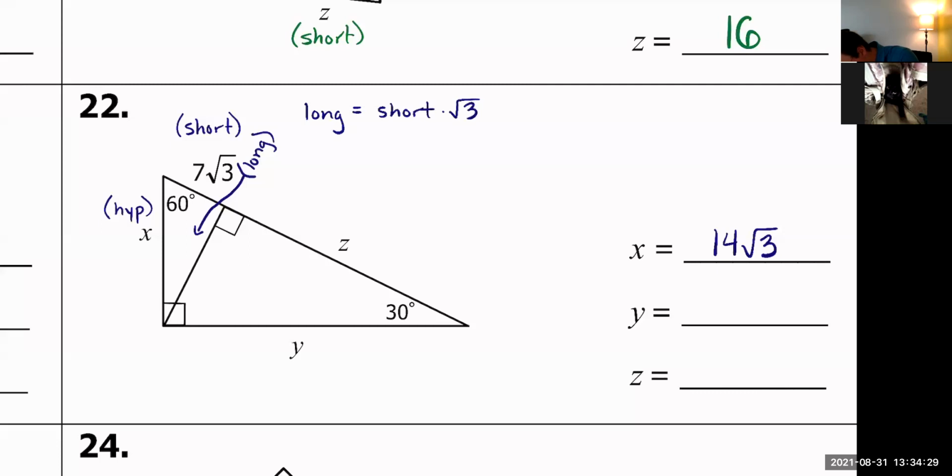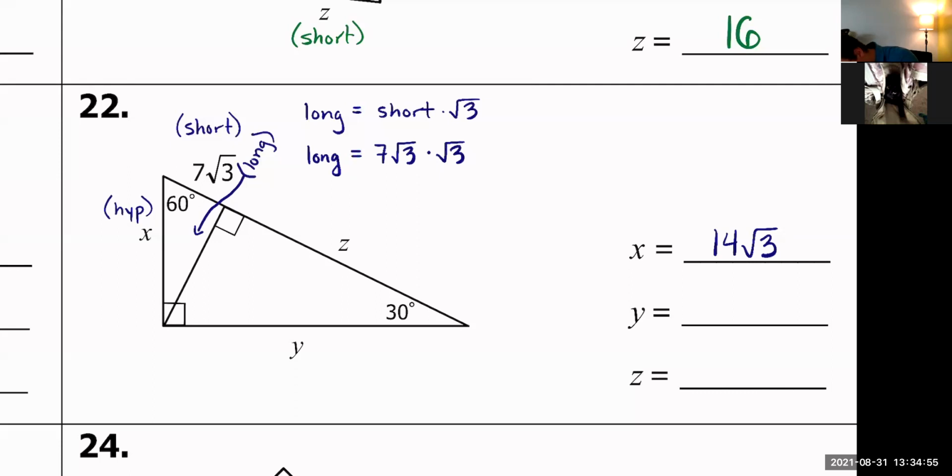Now something rather unique happens here. The long leg, we don't know, so I'm going to leave it blank. Actually, I'll just say long. Equals the short leg, which is 7 times the square root of 3 times the square root of 3.